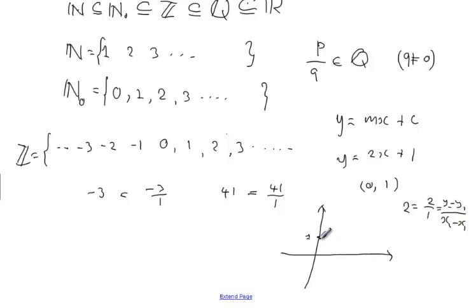So I run 1, then rise 2 and go 2 points up. Then that point is also on the line. Then I take my ruler and insert the line roughly like that. That's a rough sketch. Please accept it. I know it's not very neat, but I'm just giving you a rough idea of what I'm doing.